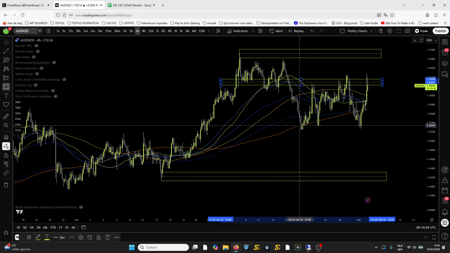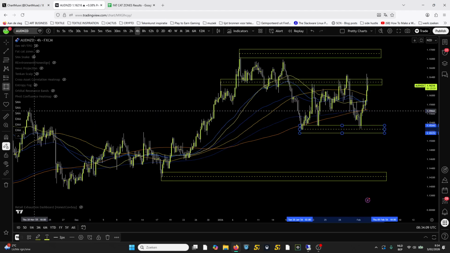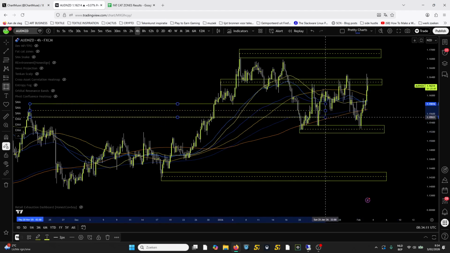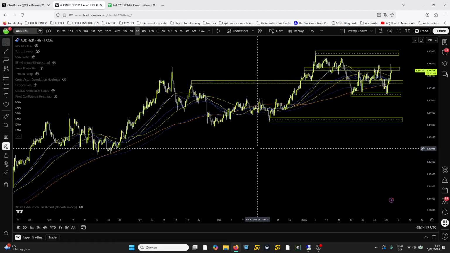And you can do the same for this low, and you can see a nice bounce from this zone. Maybe you also draw this one. And this is the most important part of my toolkit for me.